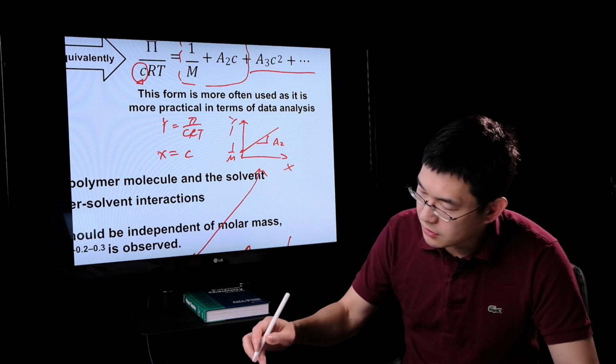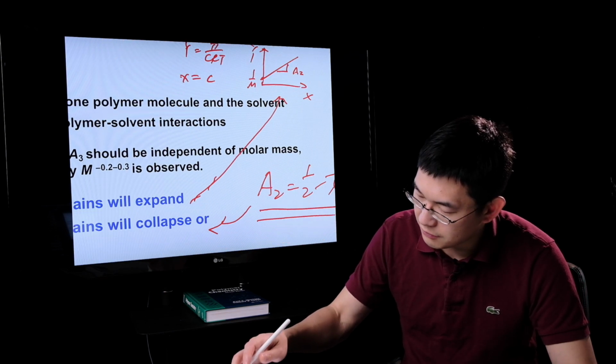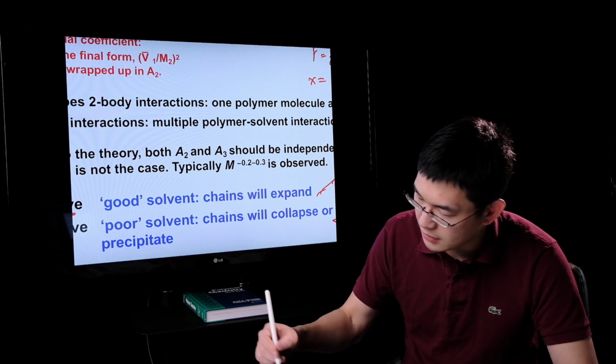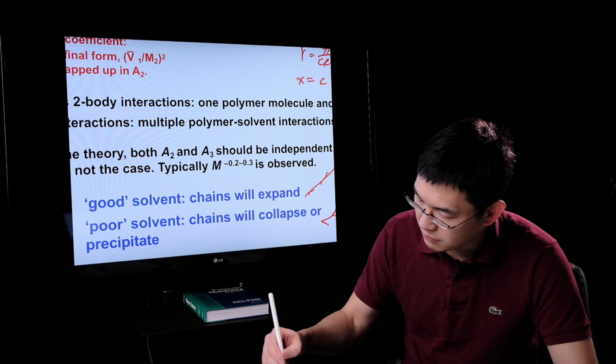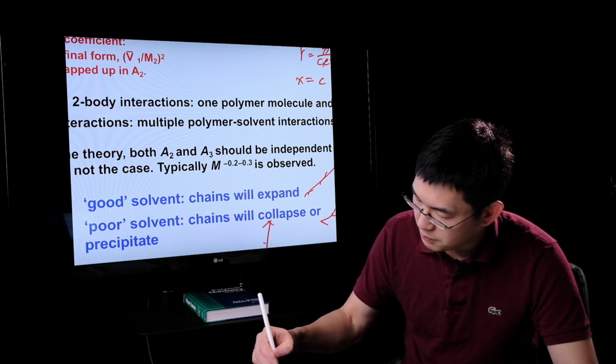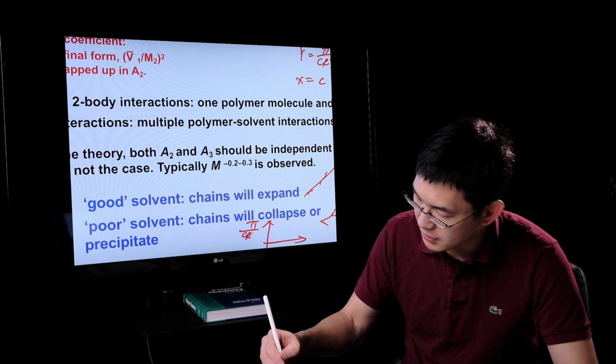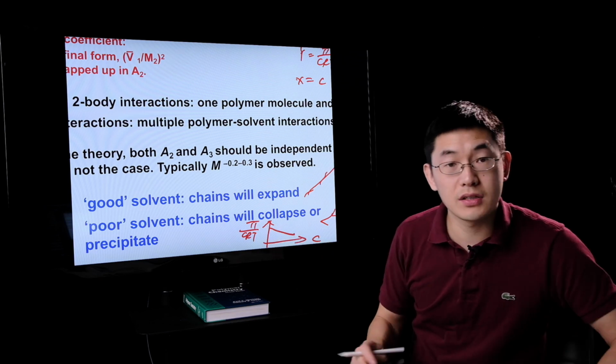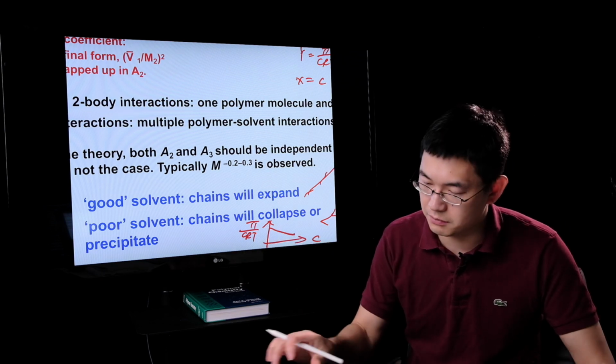Of course, it is also possible to have a negative term. If you have a poor solvent, then when you put in more polymer chains, your osmotic pressure divided by CRT unfortunately will drop and start to have less and less osmotic pressure.